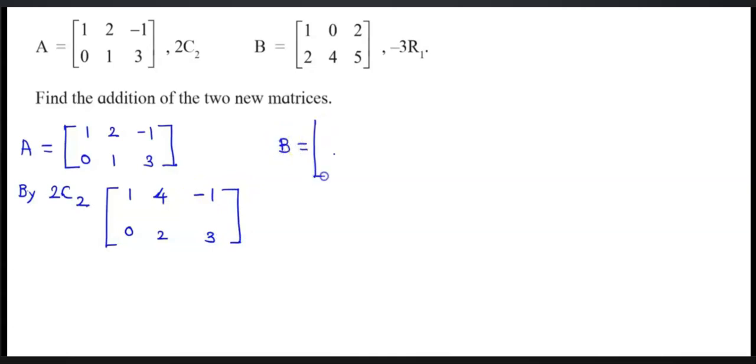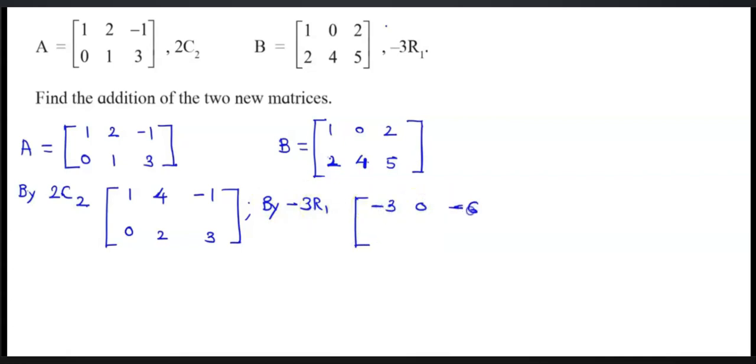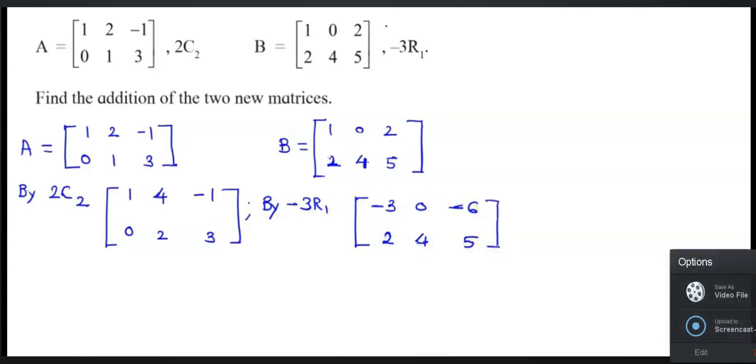Next is the B matrix, 1 0 2 2 4 5, and we multiply row 1 by minus 3, that is minus 3 R1. Therefore you will get minus 3 0 and 6. These are the two new matrices.